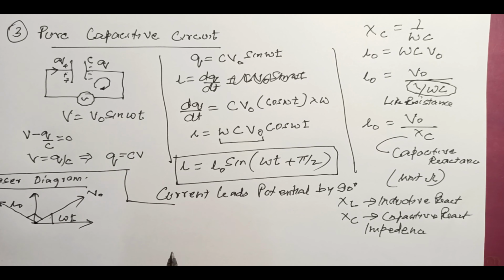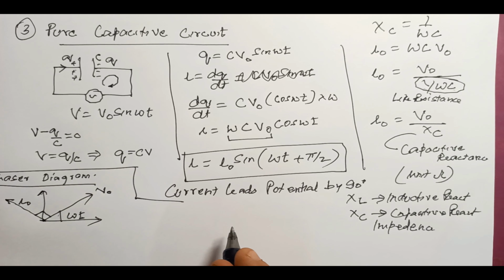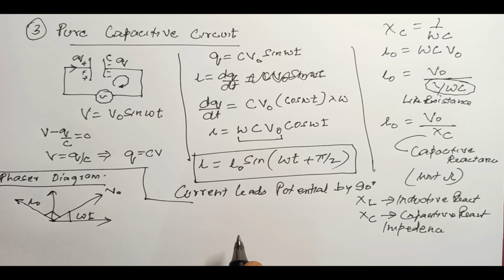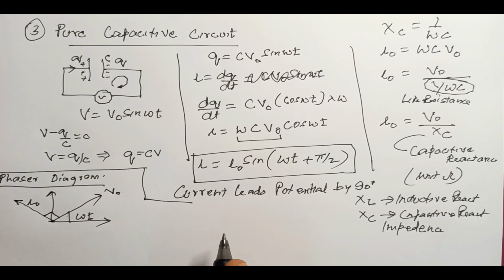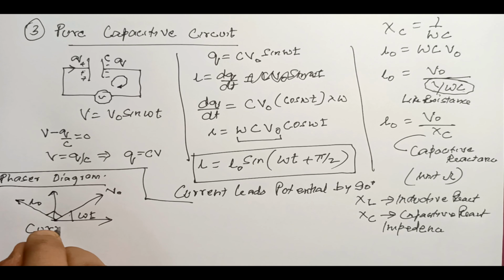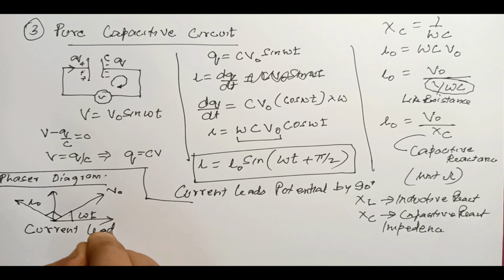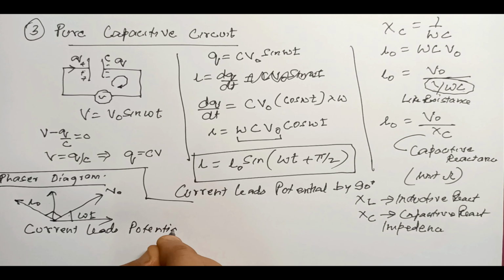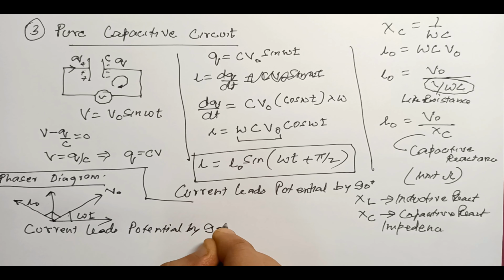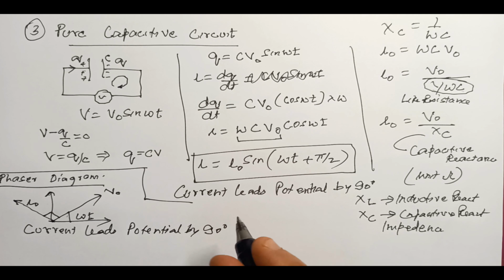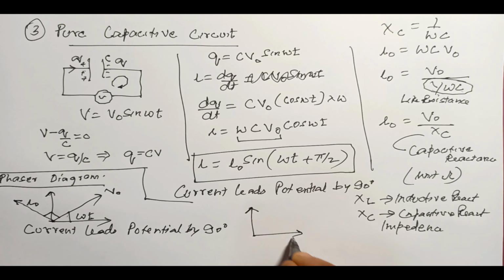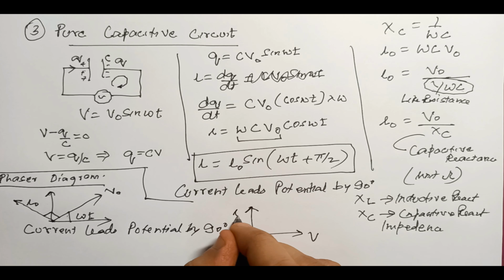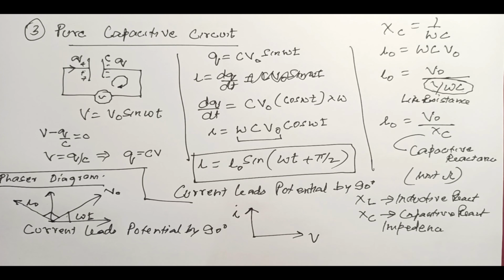So in this case, current leads potential by 90 degrees. In simple terms, we can draw it like this, I and V. Just put it here, as simple as that.